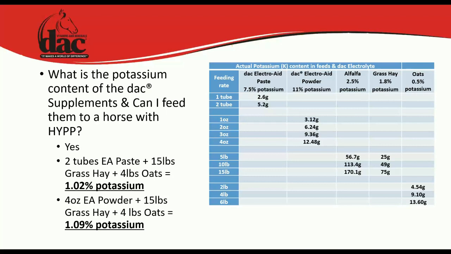I know that we have a lot of folks that have horses with HYPP and they're concerned about the supplements and what can I feed them and how much potassium are they going to get. So for those aren't that familiar with horses with HYPP, hyperkalemic periodic paralysis, ultimately it means they can't have high amounts of potassium in the diet, because they'll get muscle twitching and they'll have seizures, and it's really not that good.